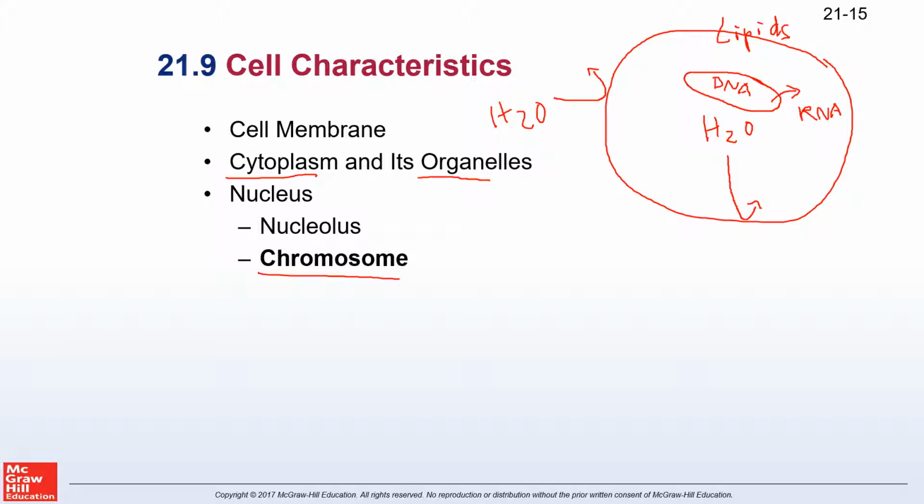How many chromosomes do you have in each of your cells? 4? 6? Alright, so here's a sperm. Here's an egg. How many chromosomes is in a sperm? Huh?